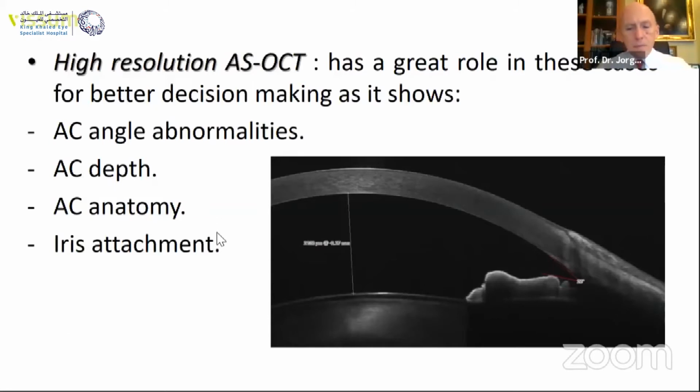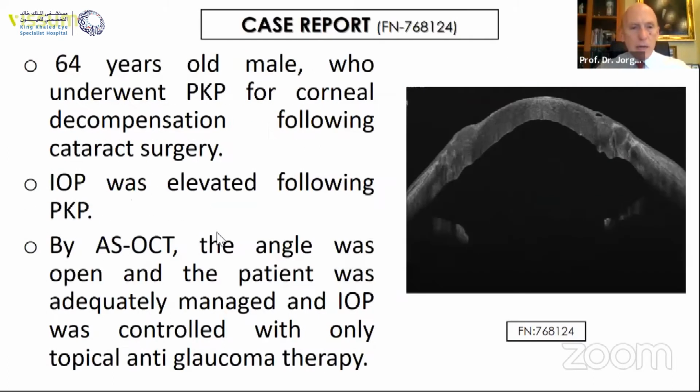One important piece of information that you get is from high resolution anterior OCT, in which you can see what happens during the post-op, not only the pre-op: anterior chamber angular abnormalities, the depth, the anatomy, how the iris is or is not involved in the corneal wound, and many factors that can make you decide to take the patient back to the operating room to restore normal anatomy.